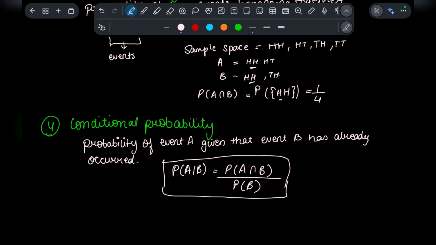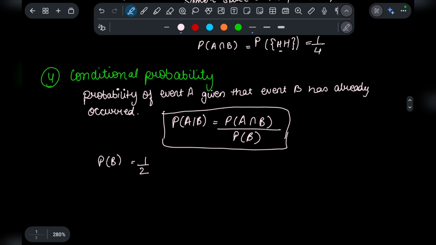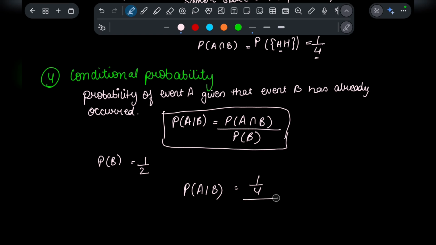We already found that the joint probability of A and B is 1 by 4, and the probability of B is 1 by 2, because we have two cases in event B. So the conditional probability would be 1 by 4 divided by 1 by 2, which is equal to 1 by 2.